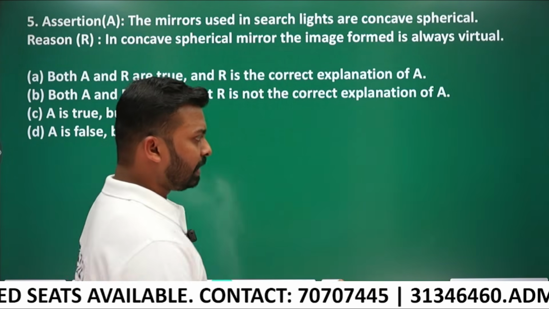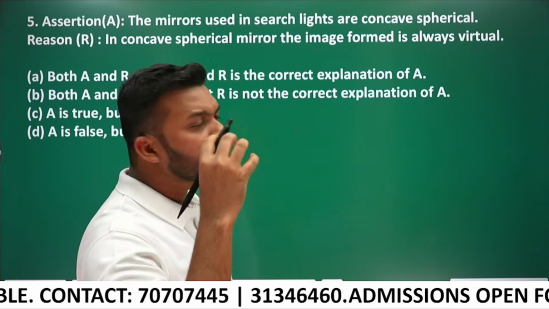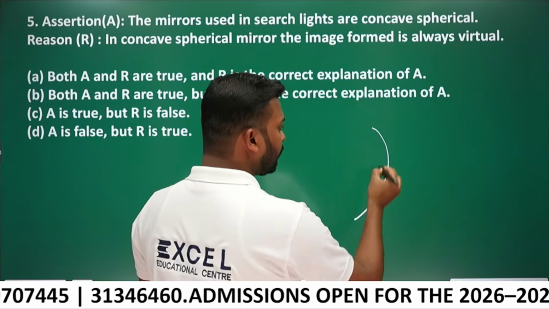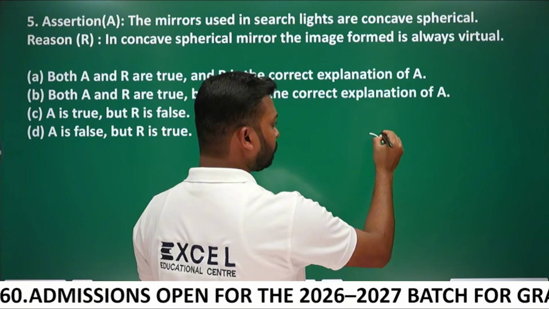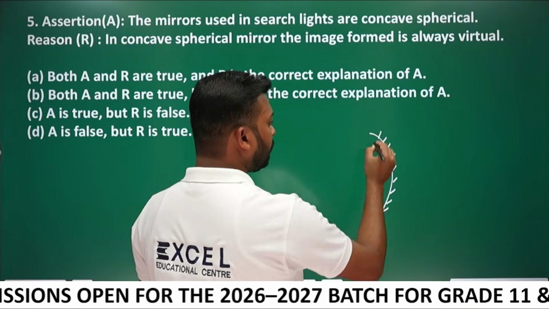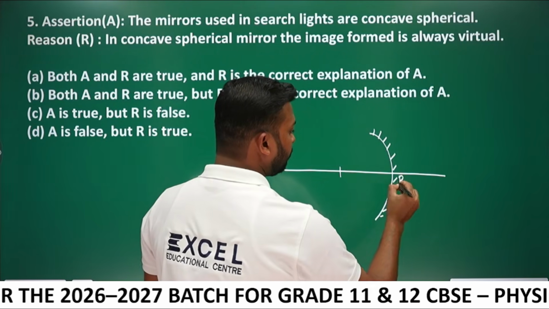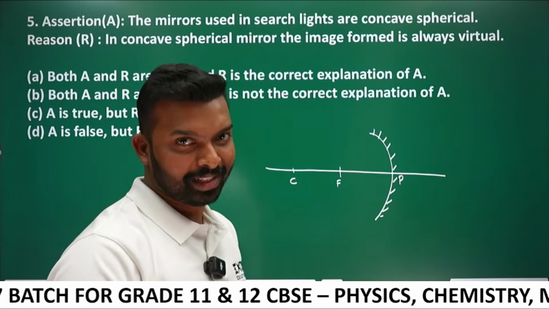See, I'll tell you the application of this particular concave mirror in the case of searchlights. So think of this as a concave mirror, and obviously it will have a pole. It will have a focus. It will have a center of curvature, right?